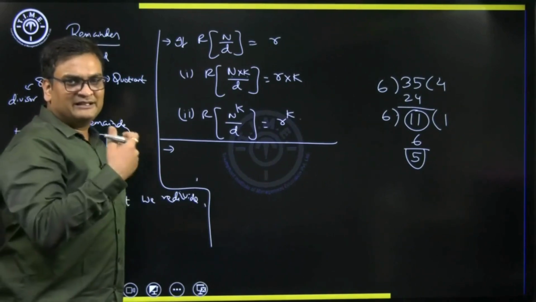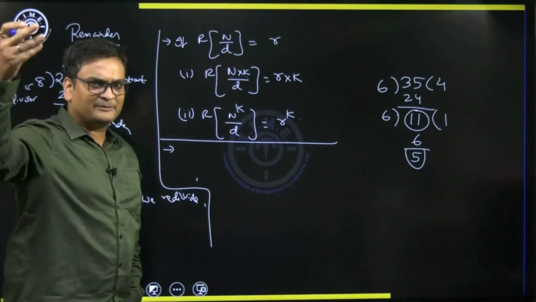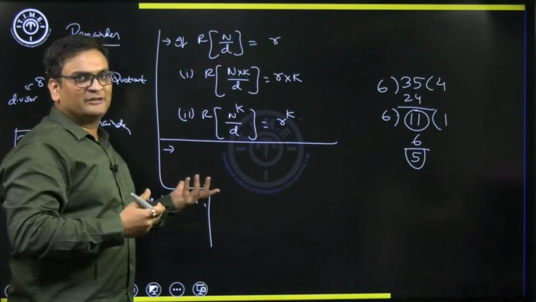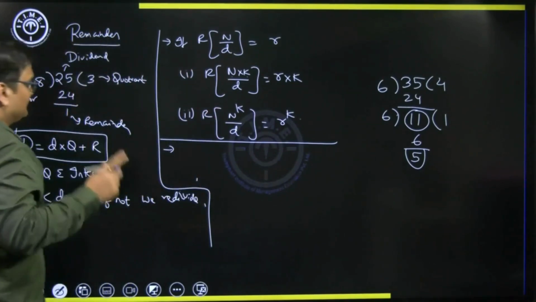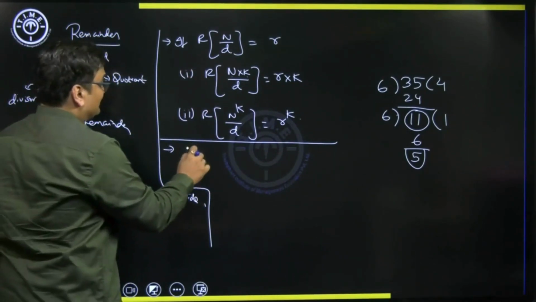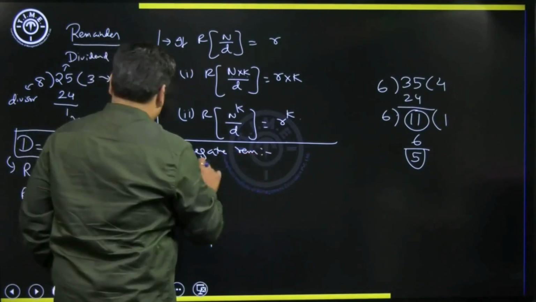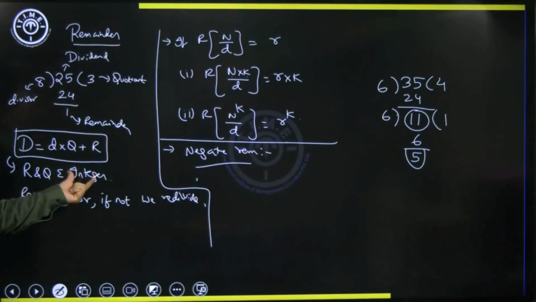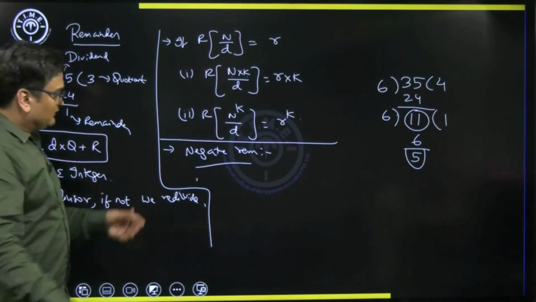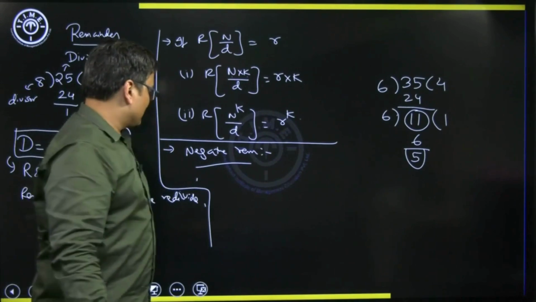Before we start with the pattern method and our subsequent methods, there are a few things that we need to know about remainders, these being some of them. Also, the concept of negative remainder. Here we said that remainder should be non-negative; when I said integer, I said non-negative generally, but here we talk about the negative remainder concept. What do I mean by that?